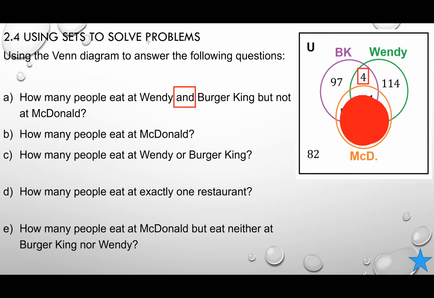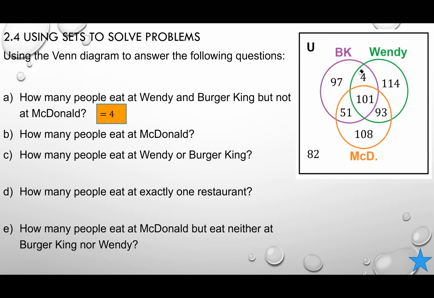Do you see that there are only 4 people who are eating at Burger King and also eating at Wendy's, but not eating at McDonald's? That's the idea of this Venn diagram: we take the survey, we put it in the Venn diagram, and we take the Venn diagram and answer our follow-up question. And again, it's only 4.